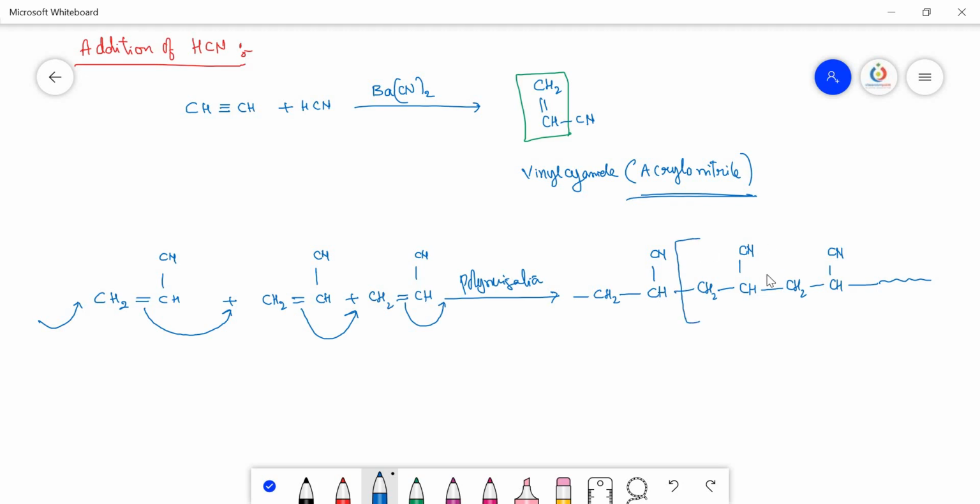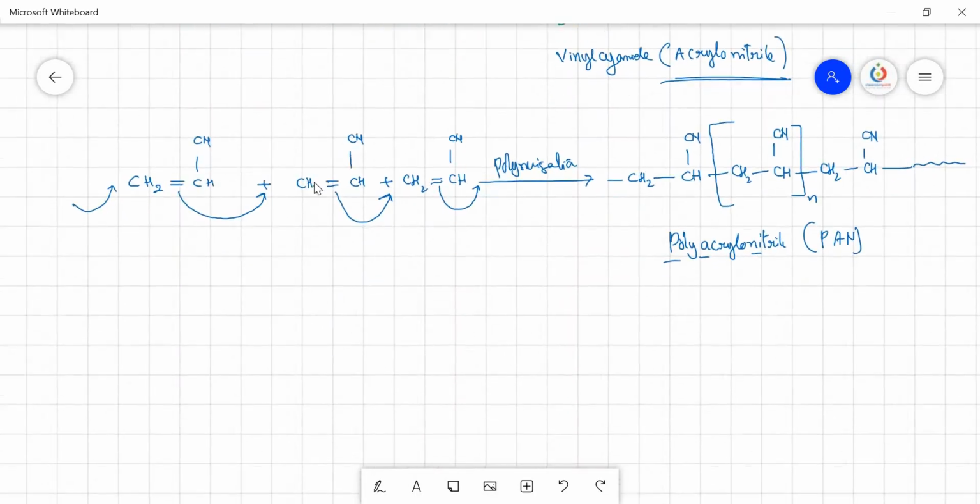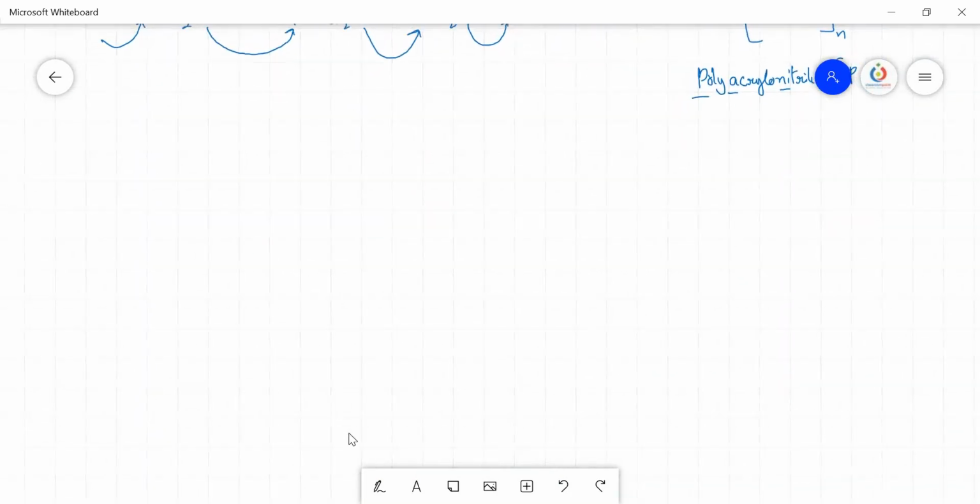This unit is repeated many times, n number of times, and this particular molecule is called polyacrylonitrile, PAN. Now let us see the addition of acetic acid.